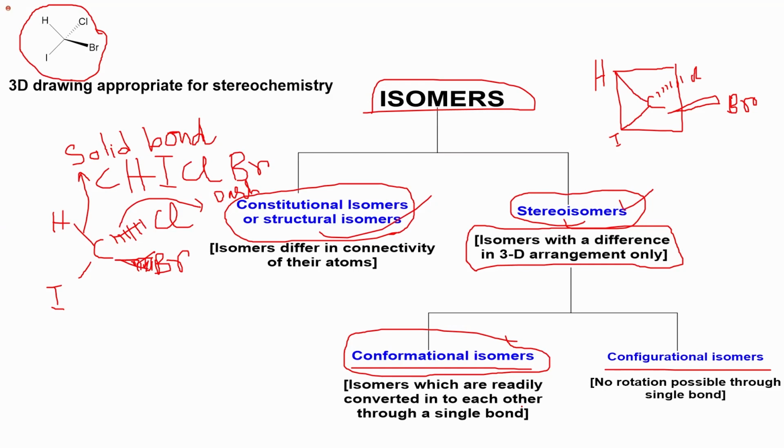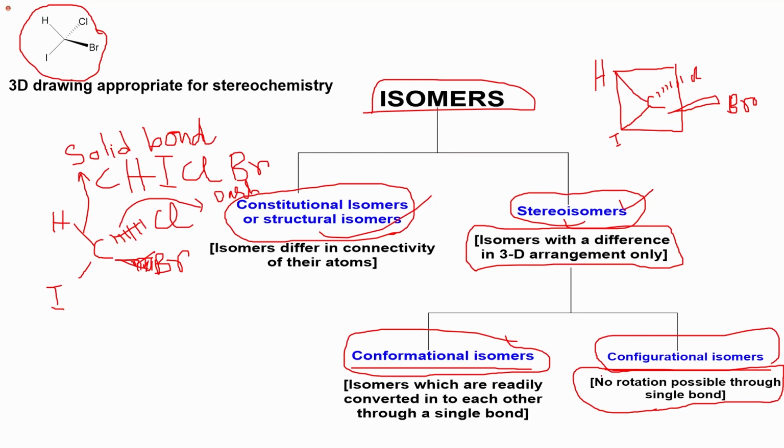If the isomers can be easily converted to each other through a single bond, then only it is called a conformational isomer. And what is a configurational isomer? There is no such rotation possible through a single bond. Then only it is called a configurational isomer.